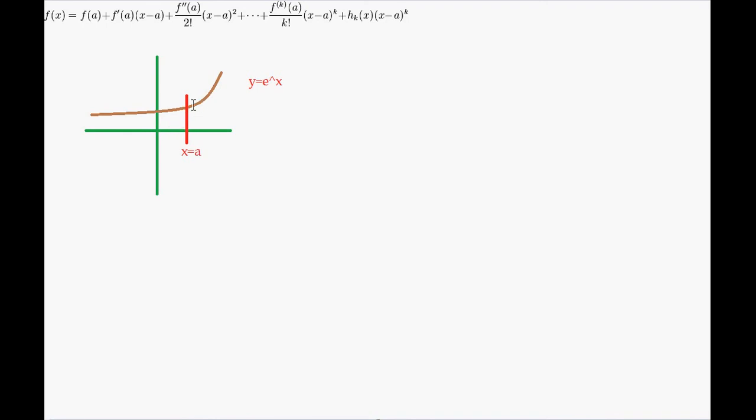Because it's only an approximation, it can only intersect once, and that once is going to be at x equals a. Many published Taylor series of functions use a equals 0, because they usually simplify things greatly. These Taylor series are called Maclaurin series when they're centered at 0, where a equals 0.